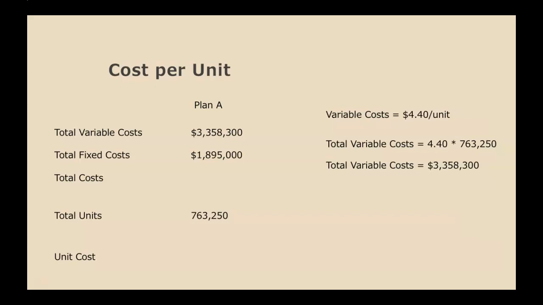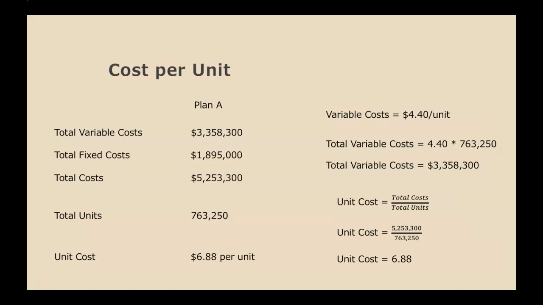So let's plug that in as our total variable for Plan A. We add that to our total fixed for Plan A, and we're at $5,253,300. Now we take that total cost, divide it by our total units, and we can find that our unit cost is going to be $6.88 per unit.